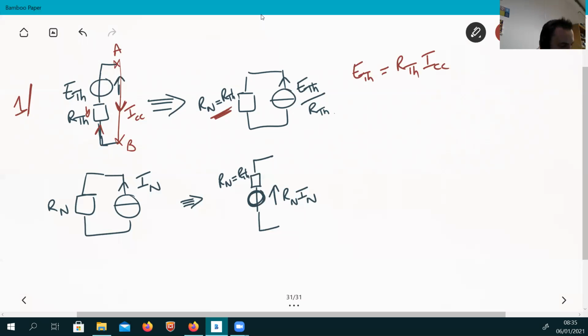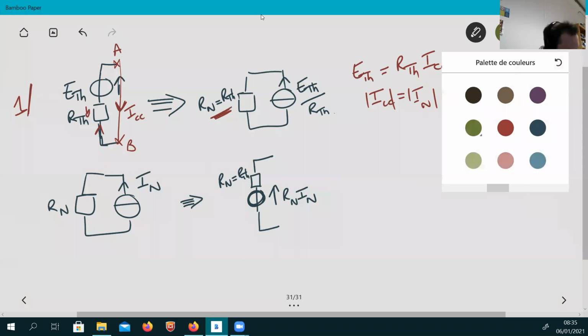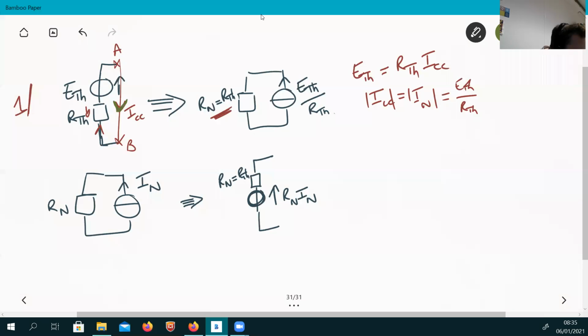And so you finally find that ICC, which is the value of IN, equals ETH over RTH. Be careful, as I said previously, here ICC is going down, but here IN is going up.